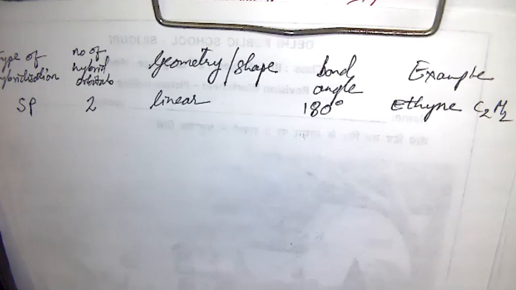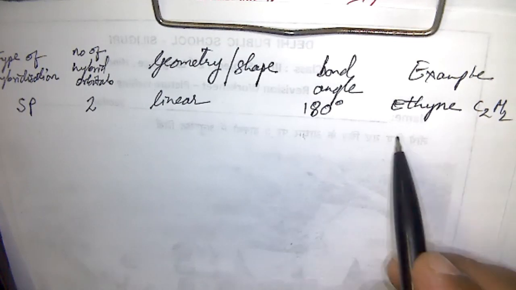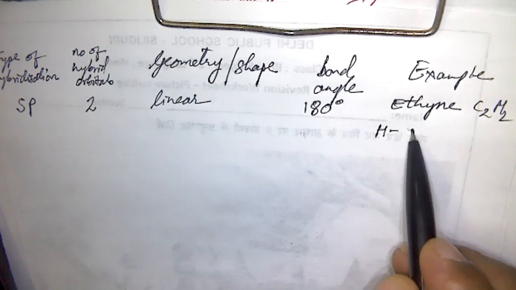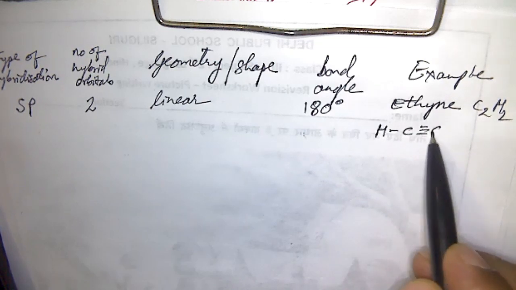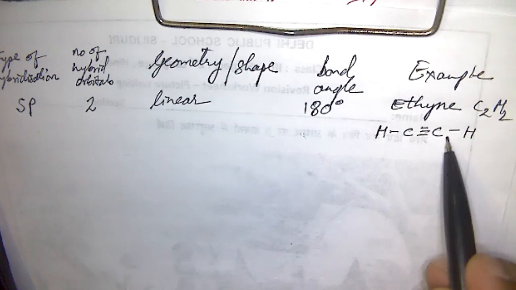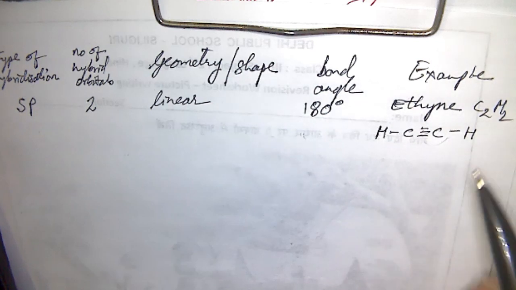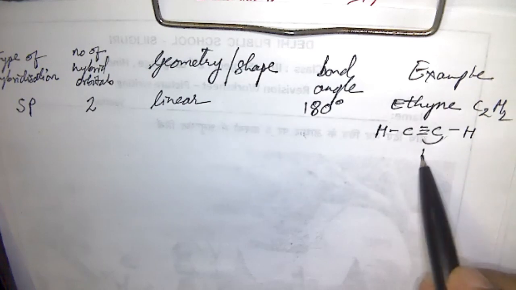C2H2 gives this structure. You know it: H dash C, triple bond, and then H. This angle will be 180 degrees, like what we saw. And all the things, hydrogen, carbon, carbon, hydrogen, all of them will be in the same straight line. Clear?